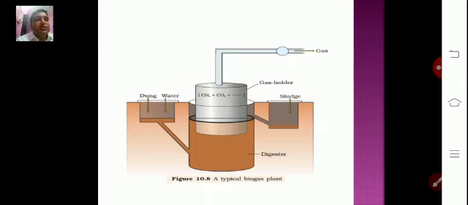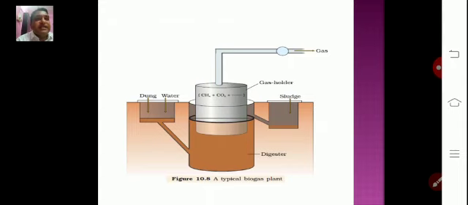During solubilization, complex compounds break down into monomers, and monomers change into organic acids with the help of fermenting microbes. This process is known as acetogenesis. After that, methane-producing bacteria become active.